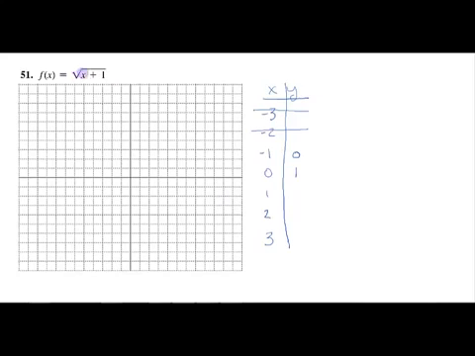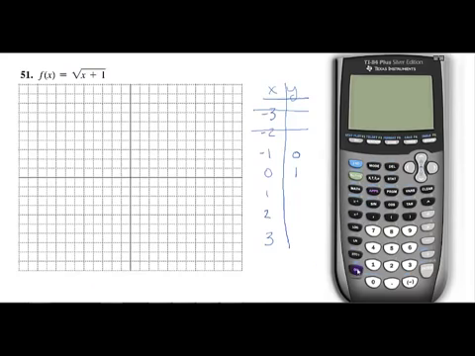If we put in 0, 0 plus 1 is 1, and the square root of 1 is 1. We put in a 1, 1 plus 1 is 2, and the square root of 2, if you'd like to, you can put this in on your calculator. Square root is underneath that x squared button, so we have to use that second button to get to the square root of 2, and hit enter. We get about 1.4. We can just round this to 1 decimal place because 1 decimal place is about as accurate as we can graph on a scale that is this small.